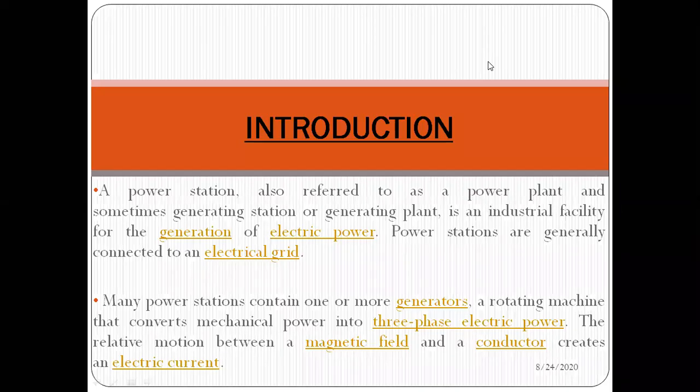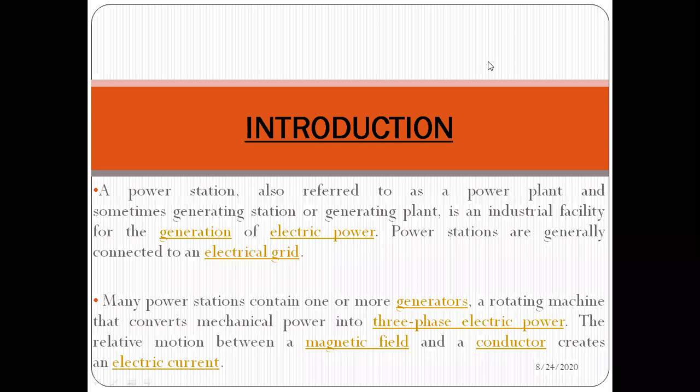That means in a generating station or power plant, we convert one form of energy into another form of energy. The input energy is converted into electrical energy, and the type of input energy available defines the different types of generating stations.